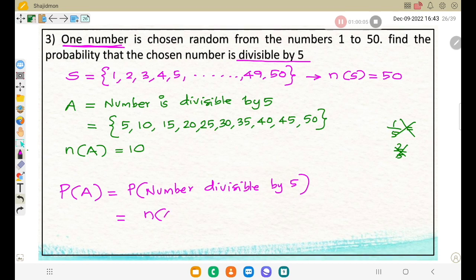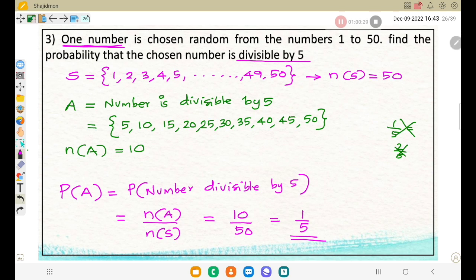Number of elements of A divided by number of elements of the sample space. How many elements of A? 10. Divided by how many elements in the sample space? We have 50 elements. So what will be the probability? 1 divided by 5. You can check that by calculator. Hope you understood that question.